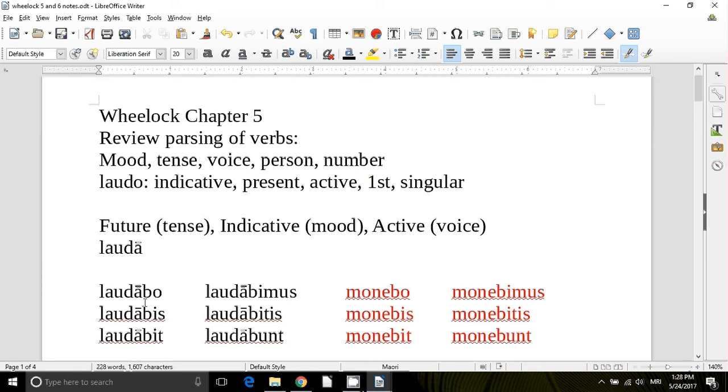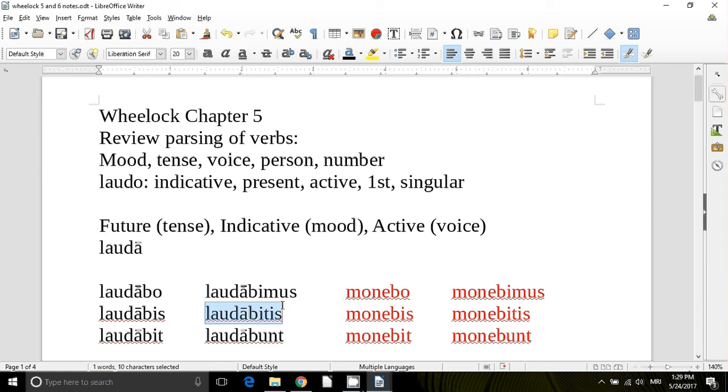You take the present stem, lauda, and then you add the endings bo, bis, bit, bimus, bitis, bunt. So laudabo, future indicative active, first person singular, I shall praise. Laudabitis, second person plural, future indicative active, y'all shall praise.